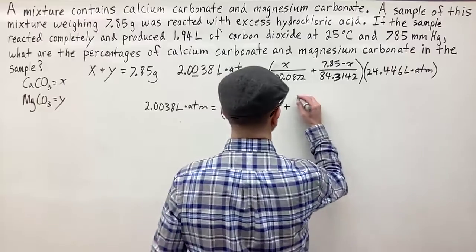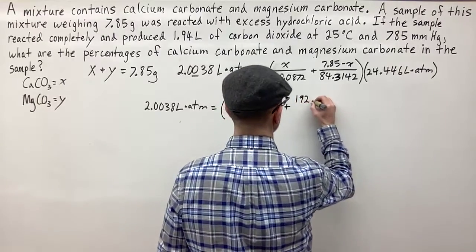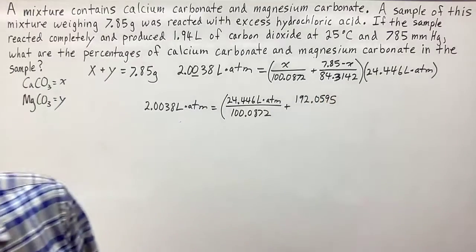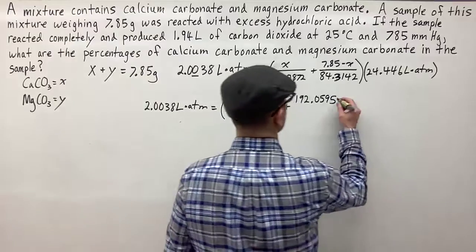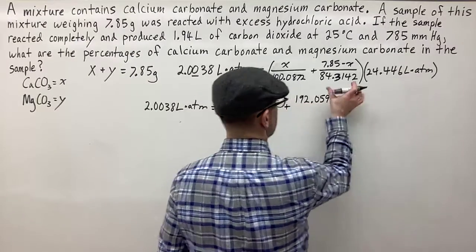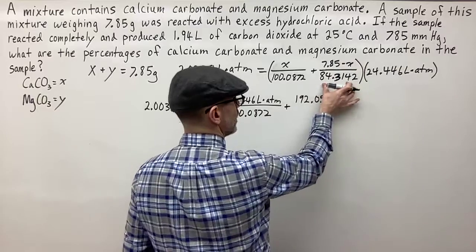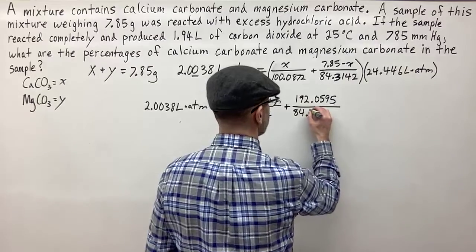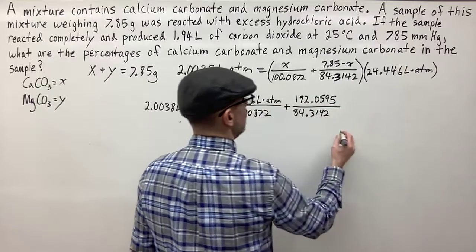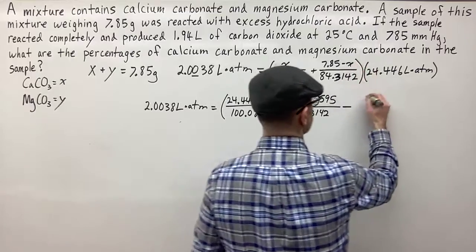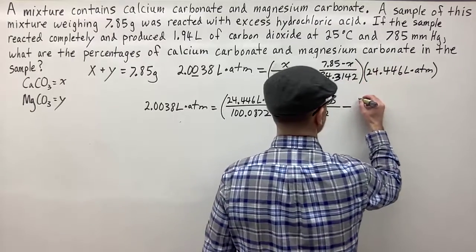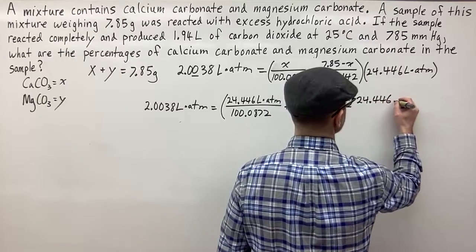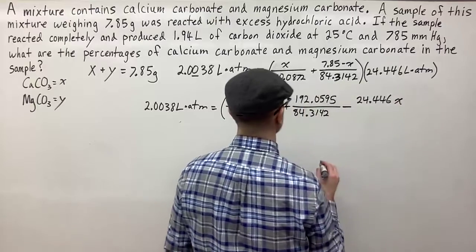192.0595, I believe. 192.0595, yes. And I'm going to separate these two with the common denominator. So that's going to be divided by 84.3142. And then minus x, and then I'm going to multiply this by the x. So it's going to be minus 24.446 times x.